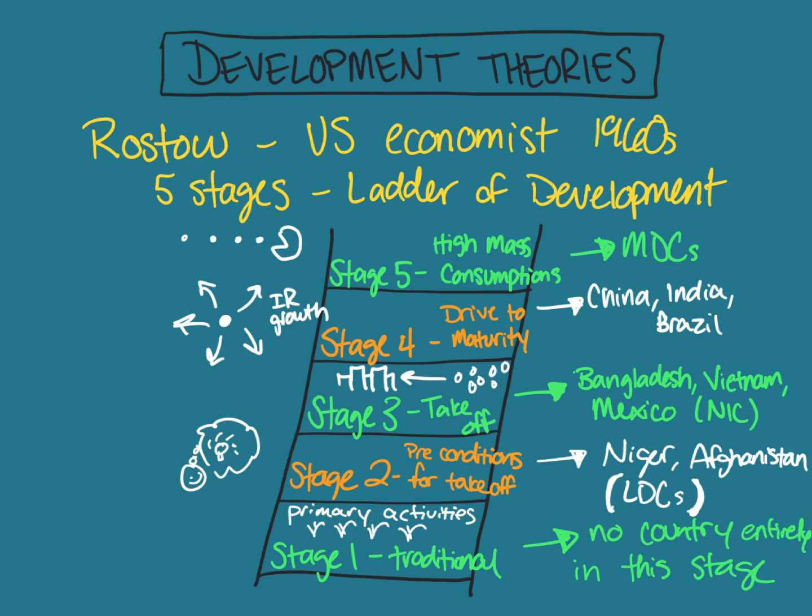Your textbook has a whole section of things that's wrong with this theory, okay? All of the theories and models that we talk about are not perfect. Rostow's model here, the ladder, said that every country could move up this ladder and the goal would be to reach stage 5. You would move up in a linear pattern through each stage.